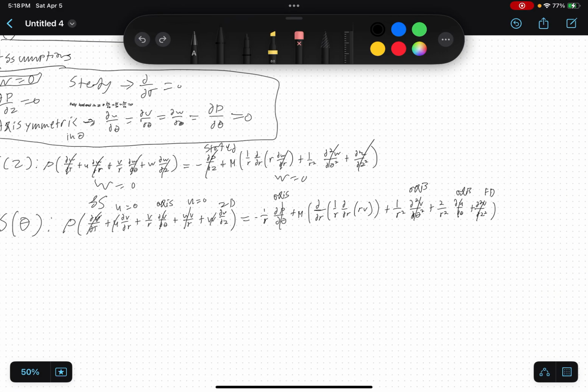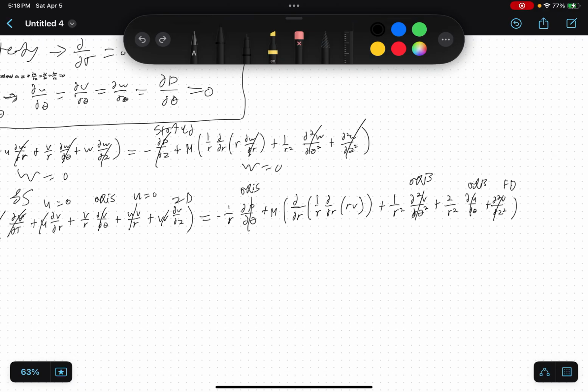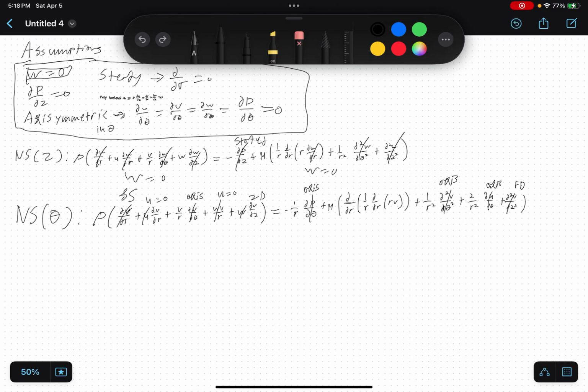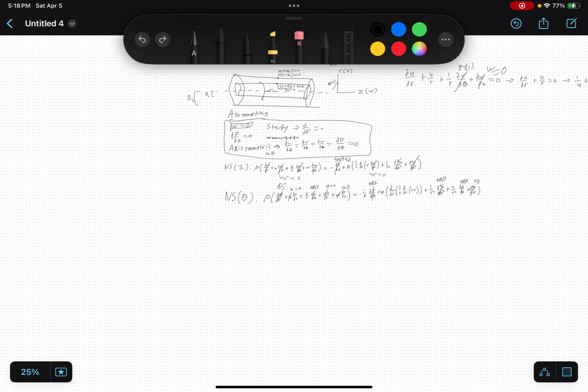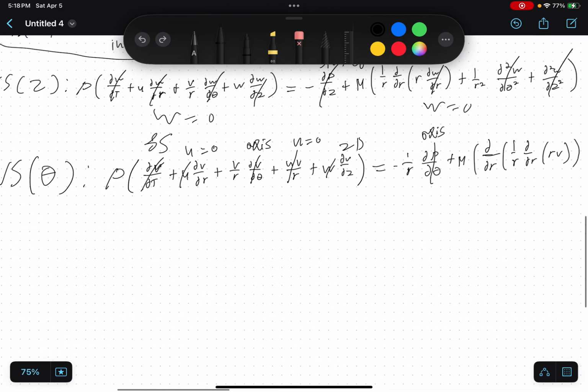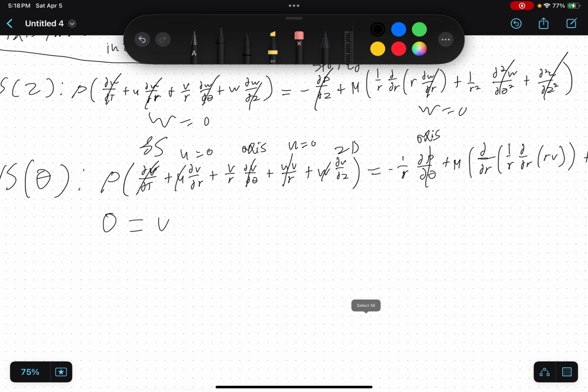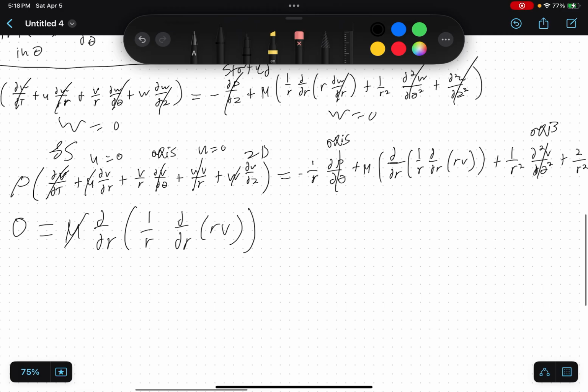So we have all the terms cancel out except for this term. Just like the normal Navier-Stokes, a lot of stuff canceled out here too. So we have 0 equals d/dr of 1 over r d/dr of rv. Is that what I have? Yeah, probably. We can divide out the constant, and 0 over that is still 0.